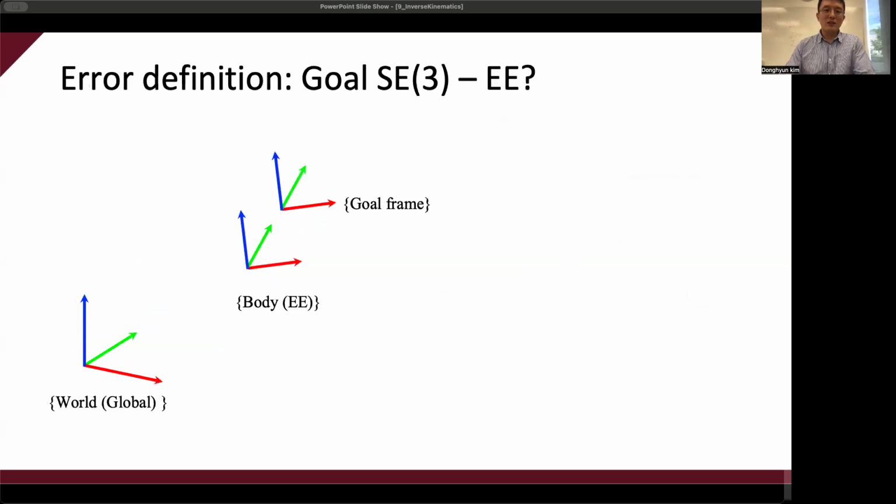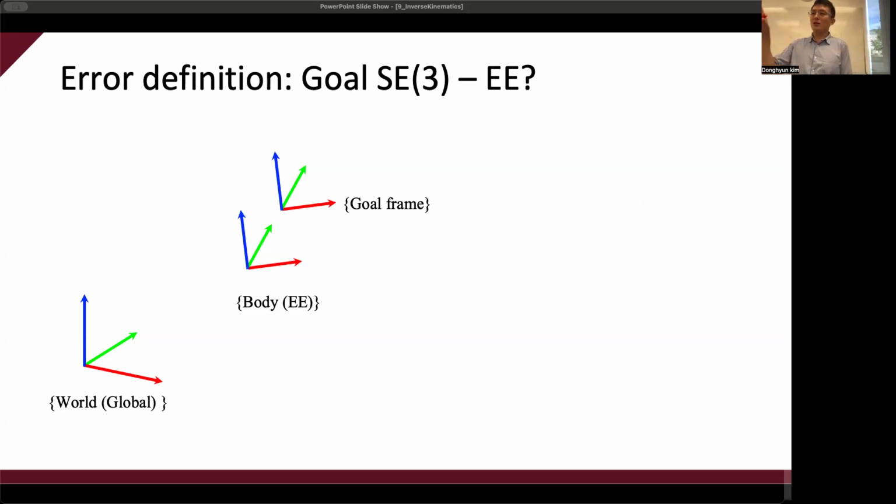The question is how to calculate the error, right? We do the Jacobian. Now what we need to do is calculate the error, multiply with the Jacobian inverse, and get the updated point position. So the question is how to calculate the error. And we already know how to calculate it, right?